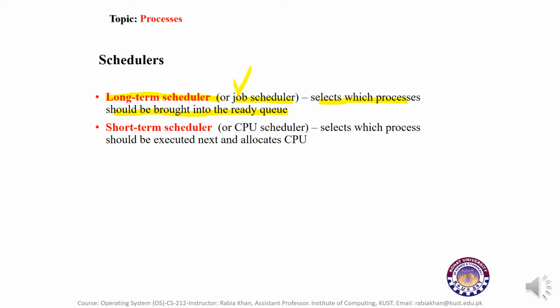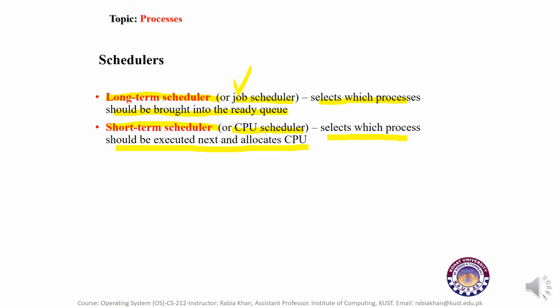Another scheduler is known as the short-term scheduler or the CPU scheduler. That means the processes which are to be executed on the CPU. So the short-term scheduler plans activity for those processes. So what does it do? It selects which process should be executed next and allocates the CPU. That means the short-term scheduler organizes the ready queue, the RAM.